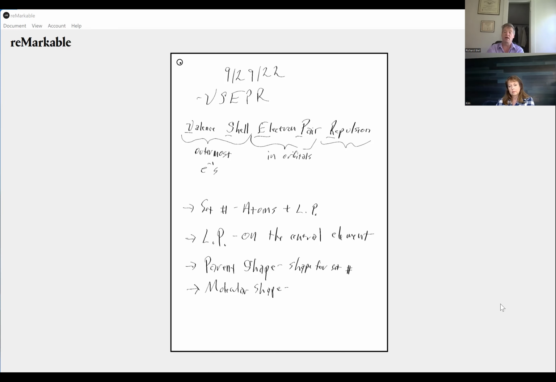Okay? So we're going to start with the parent shape, and then we're going to ignore the lone pair electrons. The lone pair electrons are still there. They still influence the shape, but we're only interested in the way that atoms arrange themselves around the central element.